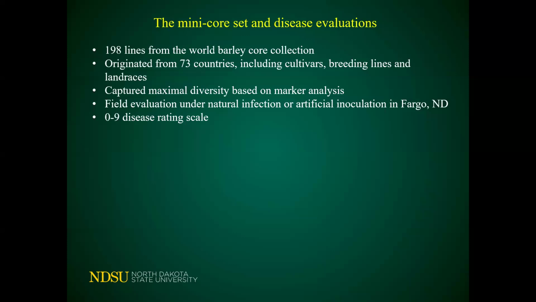These 198 lines contain cultivars, breeding lines, and landraces from 73 countries. Based on the marker data, we know they captured the maximum diversity of the collection. We did field evaluation five times in Fargo using natural infection and artificial inoculation, and we used a 0 to 9 disease rating scale.